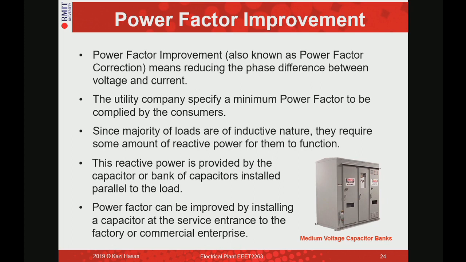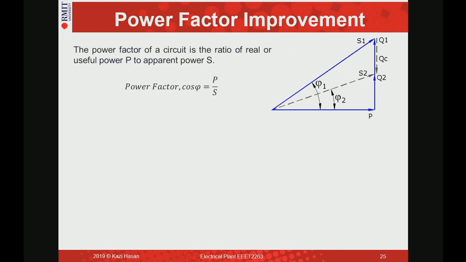That's why most utilities are required to install power factor correction equipment within their network to improve the power factor. This equipment is most likely a capacitor, providing reactive power to the circuit. So power factor improvement mostly means that we are supplying reactive power to the system.